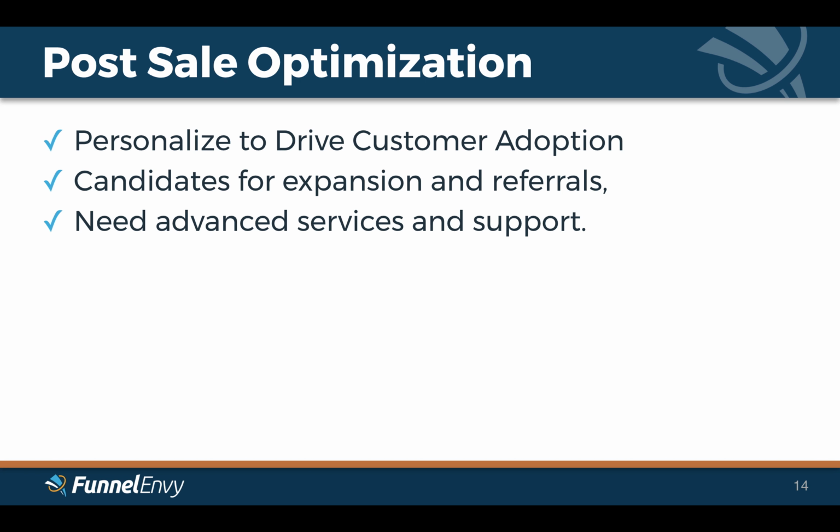And this goes beyond just customers that are interested in sales. While Optimizely stops at top of funnel, FunnelEnvy actually optimizes for renewals and expansions. So this is when customers need more support, services, and you're trying to drive customer adoption.